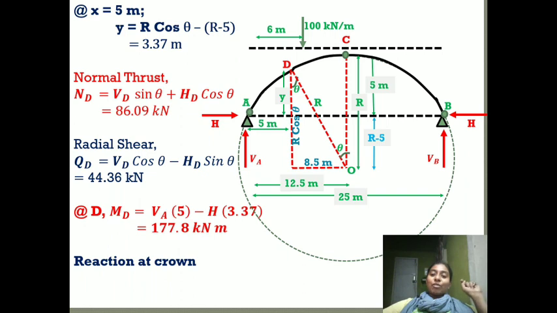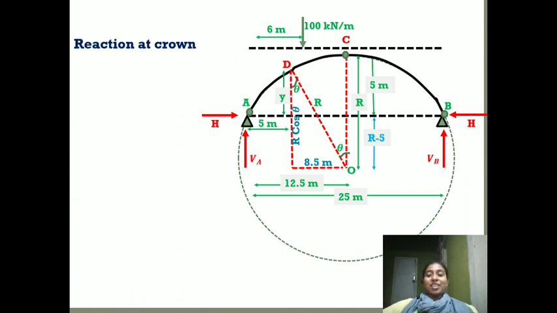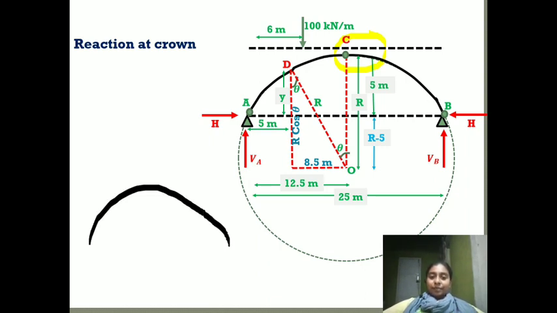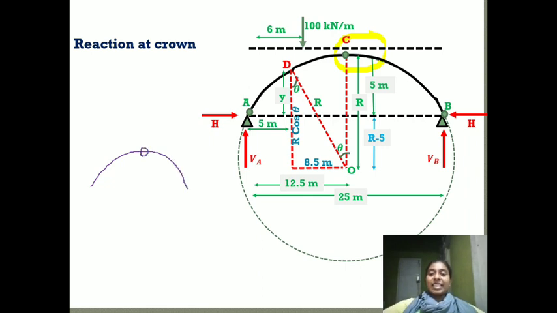Now we are asked to find the reaction at crown. So how do we find the reaction at crown? Listen, crown is C, right? Crown is C. So at C, this is a statically determinate structure. So at C, you can take either the left of C or the right of C. So for the left of C, we take all the vertical reactions.